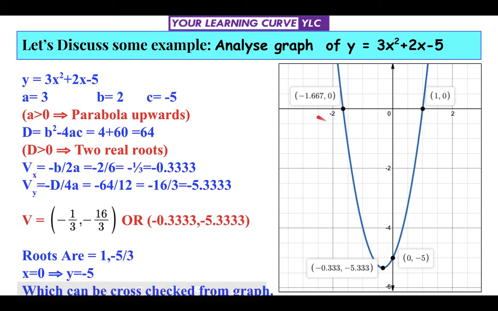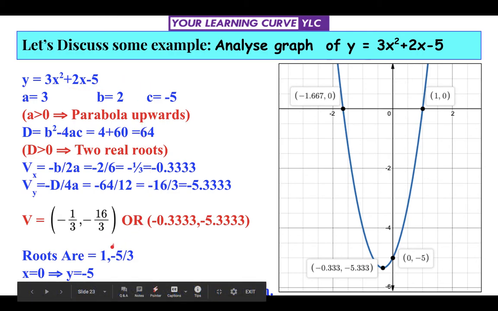Now the next important thing to position in this graph is the x-axis, where the graph cuts the x-axis. Here discriminant is positive, means it will cut the x-axis at two distinct points. The points will be the roots of the equation 3x square plus 2x minus 5 equal to 0. You convert this expression into an equation equal to 0 and then solve it.